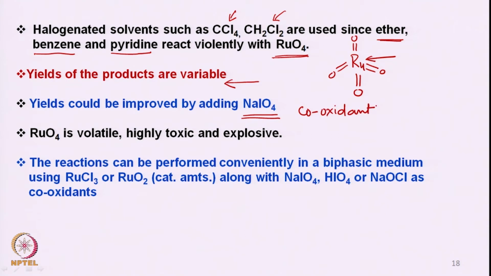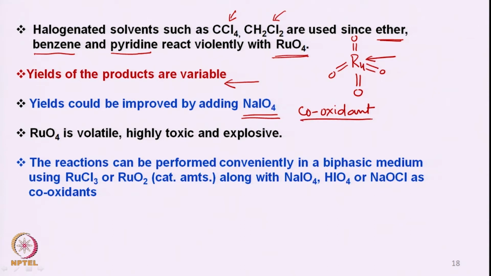What it means is that ruthenium tetroxide, when it oxidizes or cleaves a double bond, gets reduced to a low valent ruthenium species, and that can be reoxidized using sodium metaperiodate. That is where the efficiency of the reagent increases by the addition of sodium metaperiodate, which acts as a co-oxidant in these reactions.